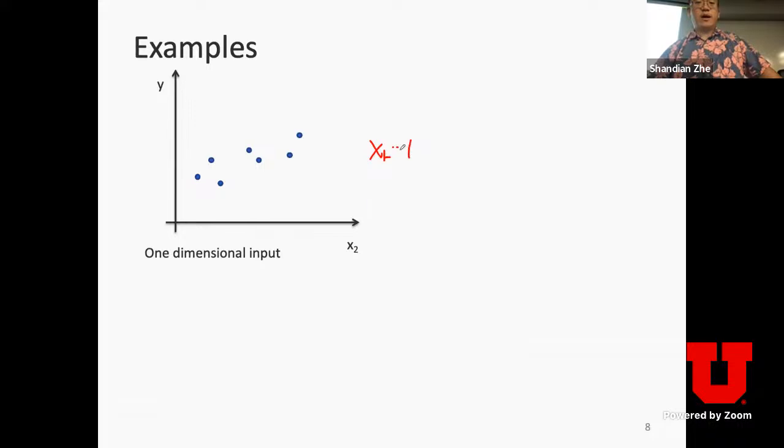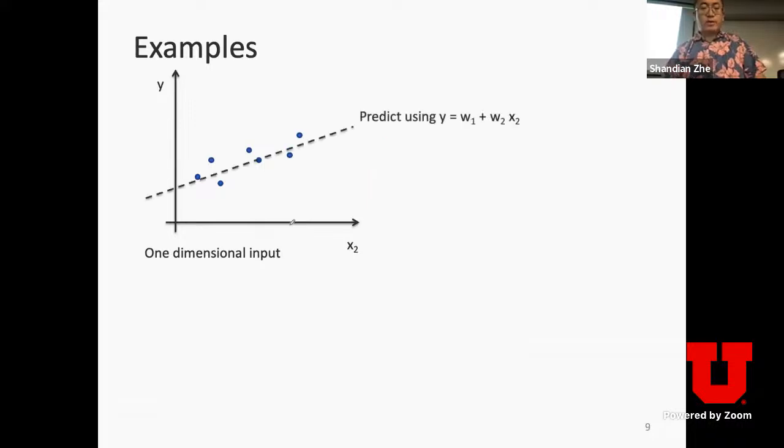The purpose of doing this is to accommodate this bias term, W0. And then we want to learn a linear regressor model. In our case, now it will be a line. The learning essentially is to move this line, placing it in the right position and angle such that it can be the closest to all the training data points.